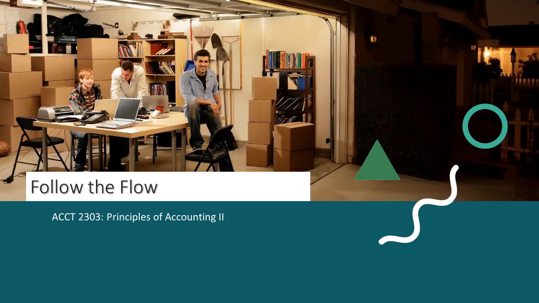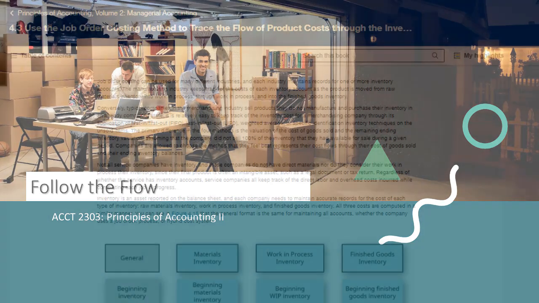Now, to get a taste of job order costing, let's go to chapter 4, section 4.3, using the job order costing method to trace the flow of costs through different accounts.